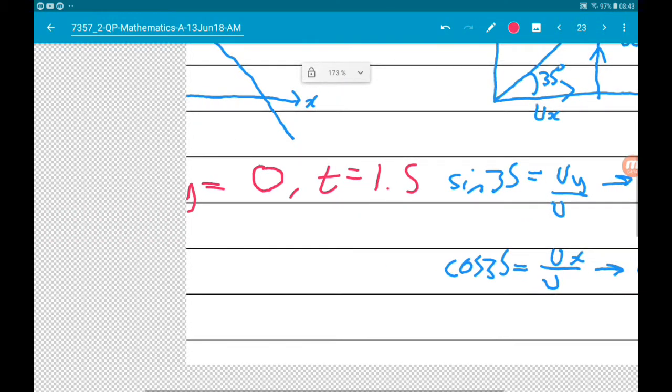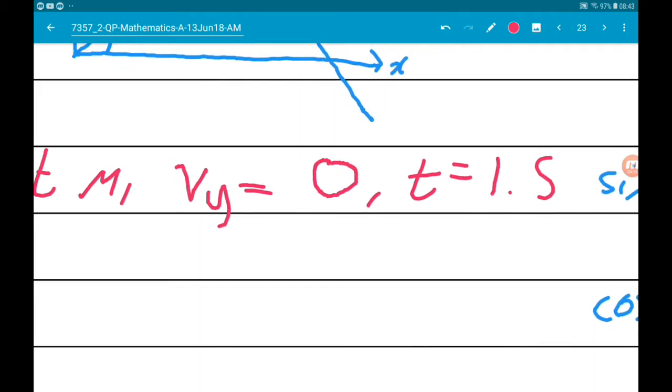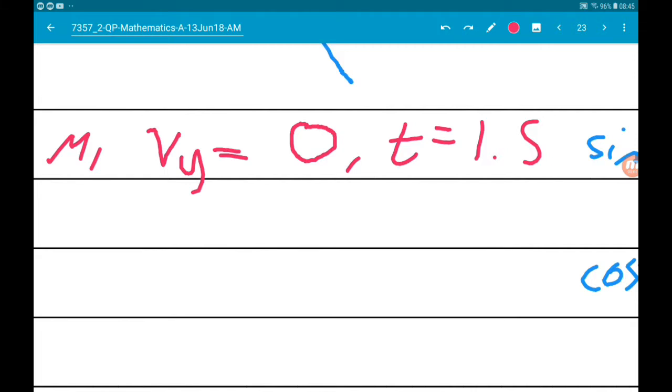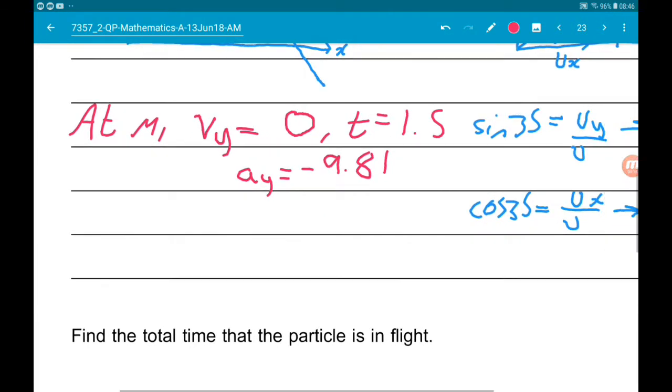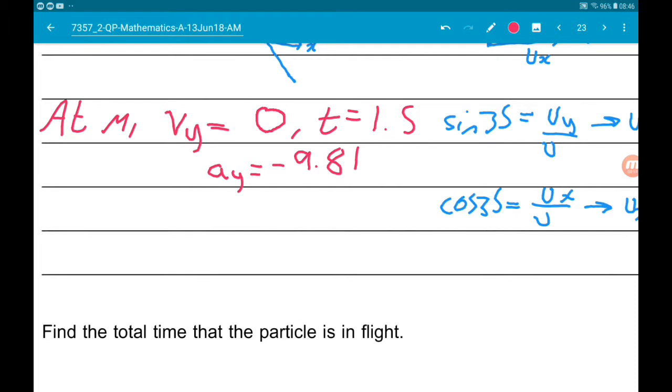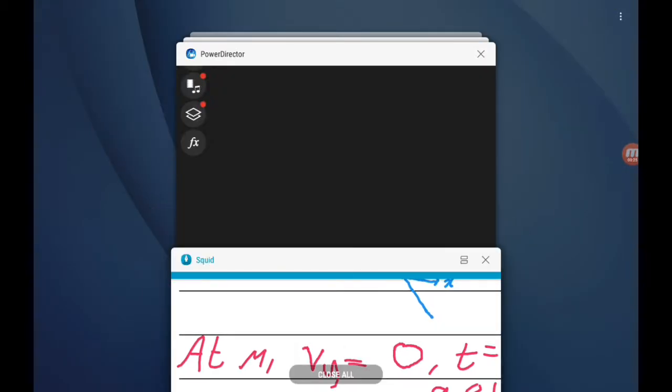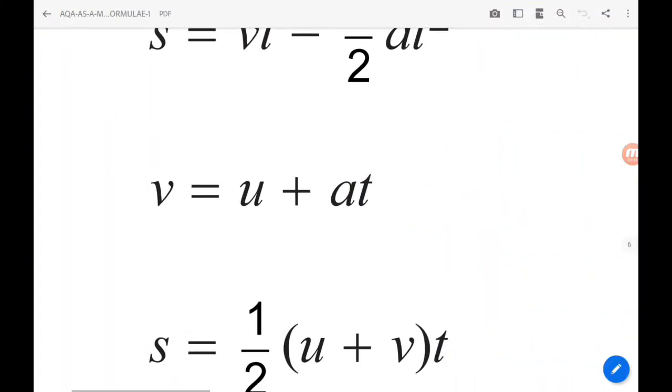The acceleration in y is minus 9.81. It's negative because it's pushing us down. So can we find an equation linking v, t, a, and u? Well, yes, it's this one right here. v is u plus a t.